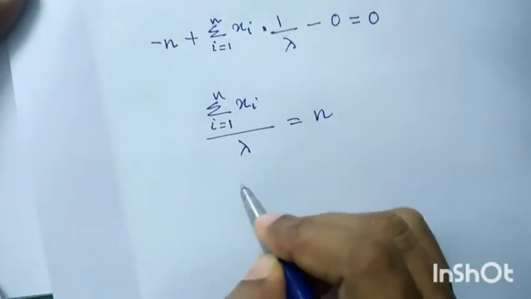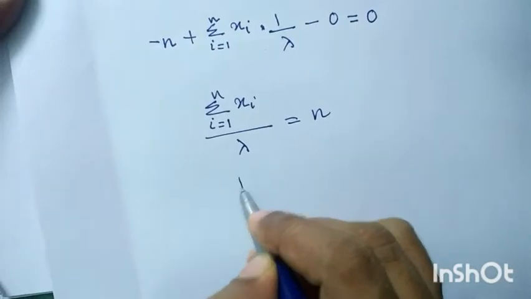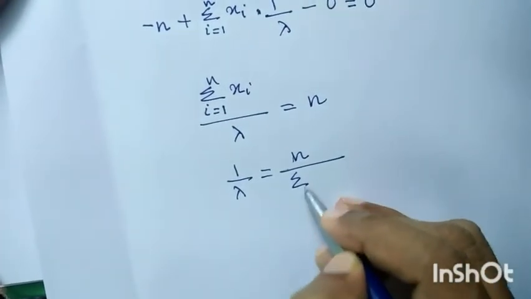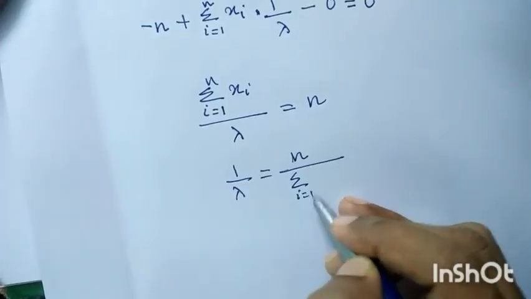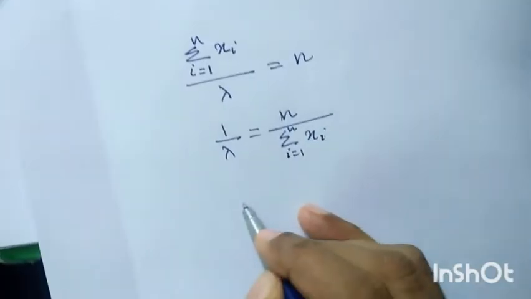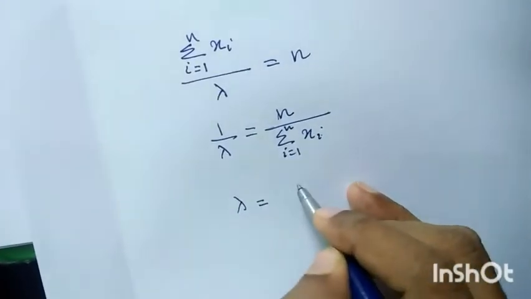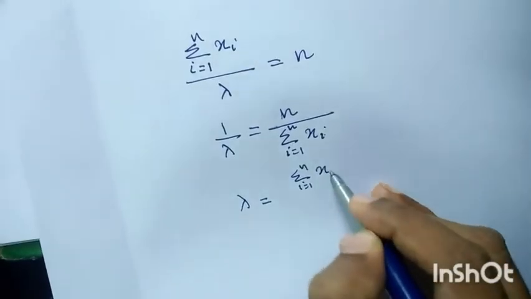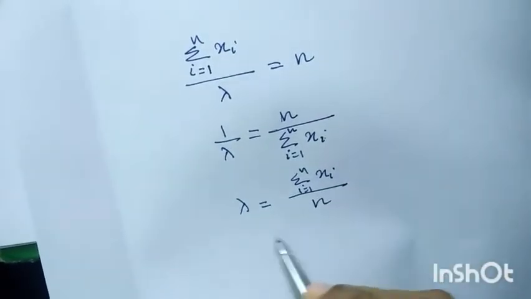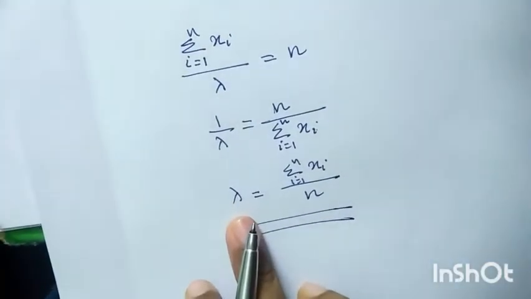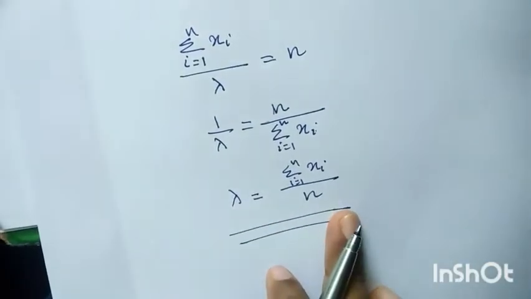Now we can write 1 by lambda is equal to n divided by sigma i equal to 1 to n xi. So lambda is equal to sigma i equal to 1 to n xi divided by n. Okay, so this is the answer. This is the parameter lambda of the Poisson distribution.